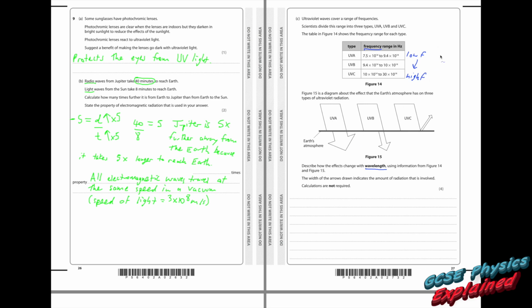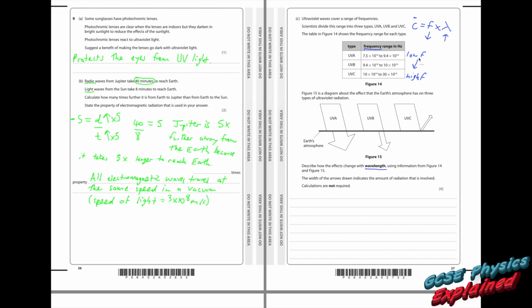let's talk about wavelengths. So we know that the speed of light, any electromagnetic wave, so ultraviolet is an electromagnetic wave, so we know that the speed is going to be the same, and the wave equation is that speed is frequency times by wavelength. So if C has to remain constant, then if the frequency gets smaller, then the wavelength must be bigger.